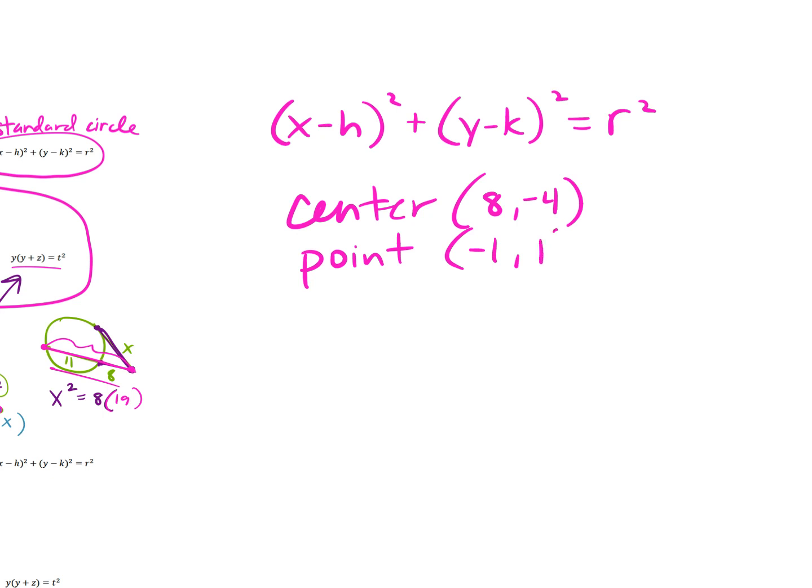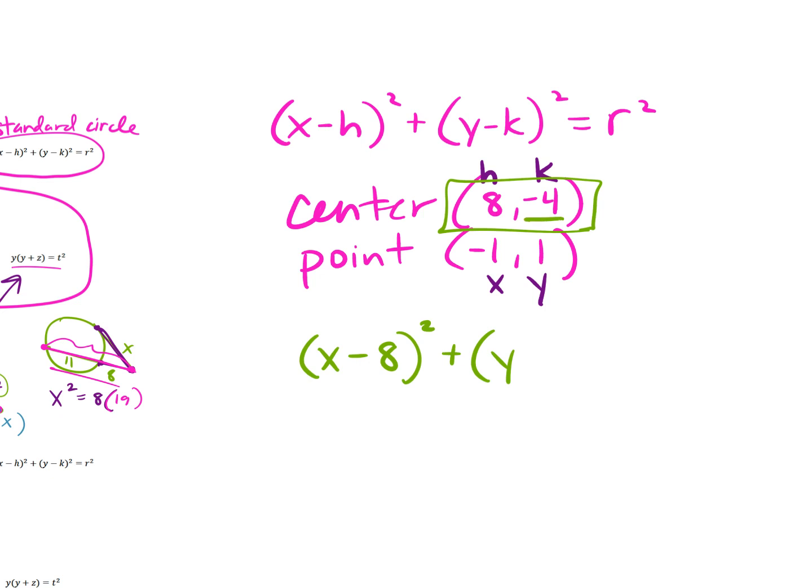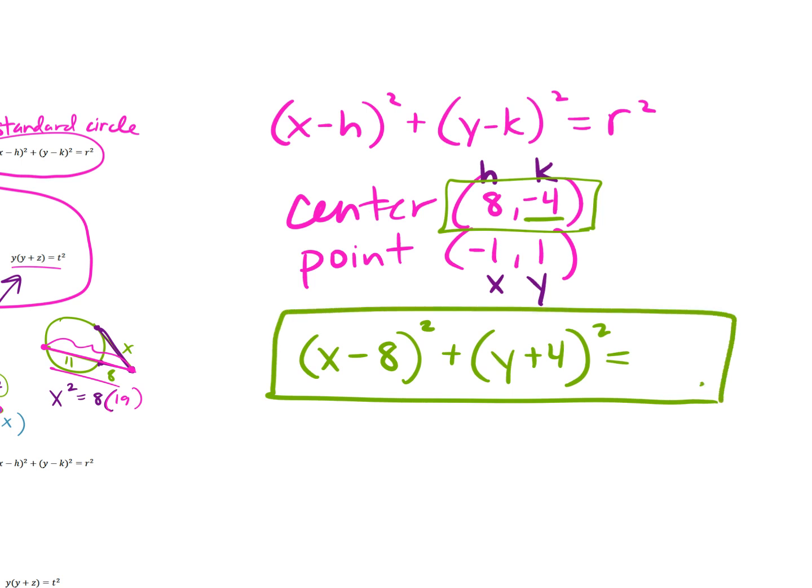Okay, in this one, this is the one where you had to set up, this is your HK and this is your XY. So this is the one where I plugged this in and just gave my final answer right off the bat. So that would be x minus your h value squared plus y minus a -4, so plus 4 squared, will equal your radius squared. So this is your answer, but we have to figure out what goes here. And that's when you plug your x and your y in.